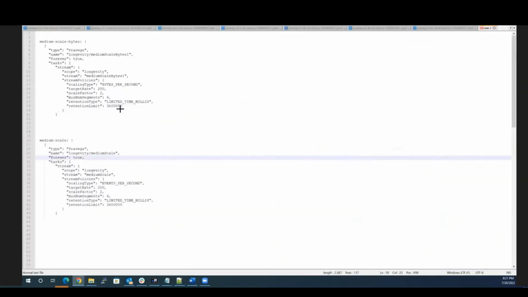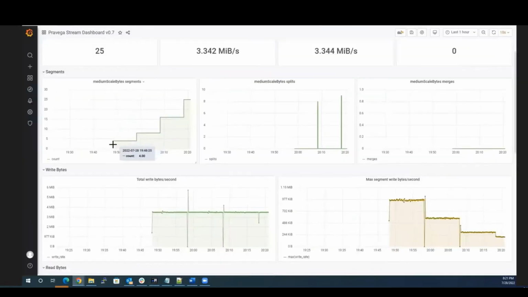And hence, just 10 minutes after its creation, at 1958, there was a split, the same segments being observed, multiplied by its scale factor value 2, and we got 8 segments running.